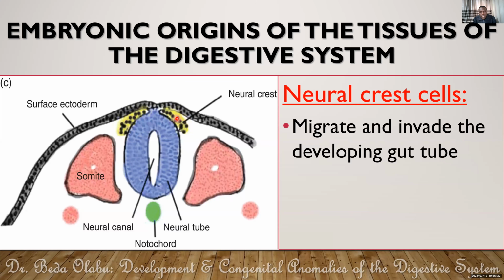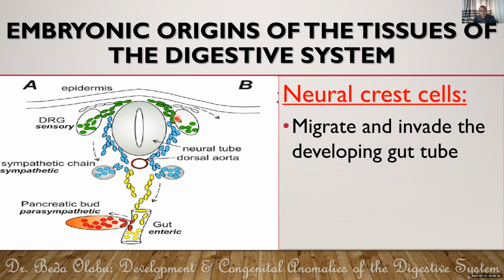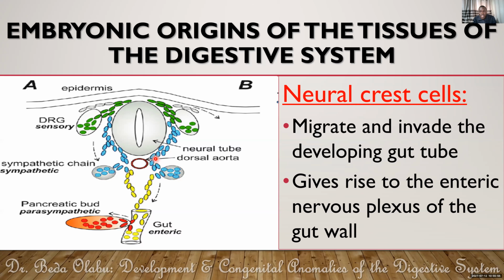On that note, therefore, neural crest cells usually migrate and invade the developing alimentary canal. As they do so, they differentiate into nerves, which will be now within the wall of the GIT. Remember, the nerves which are in the wall of the GIT are known as the enteric nervous system.